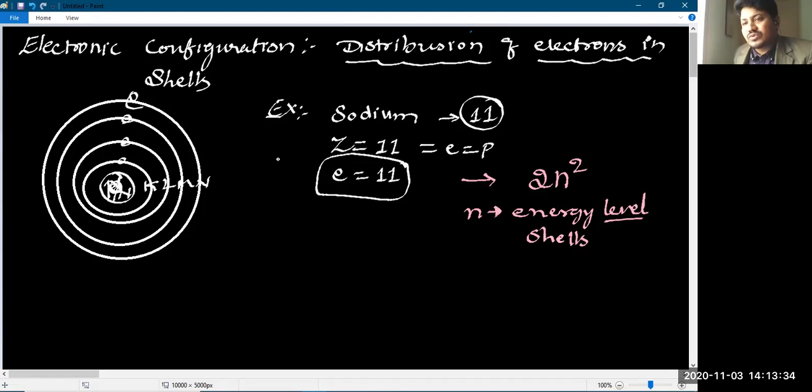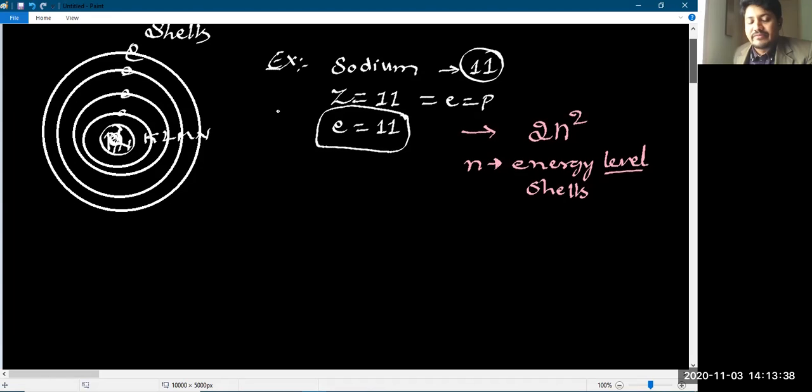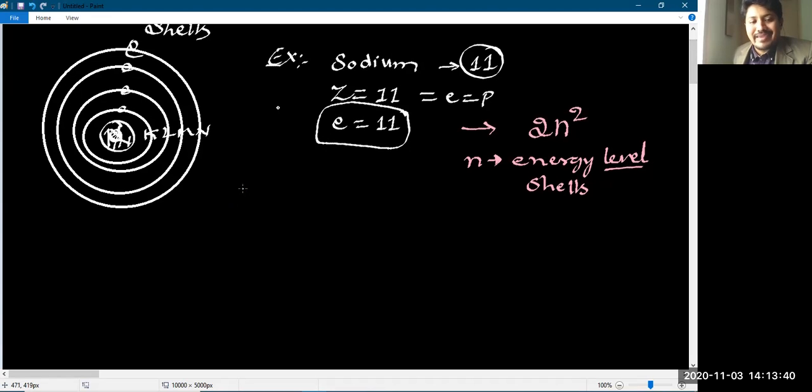Now let us see how to distribute the electrons. The energy level n equals 1 is the K shell, n equals 2 is the L shell, n equals 3 is the M shell, and n equals 4 is the N shell.